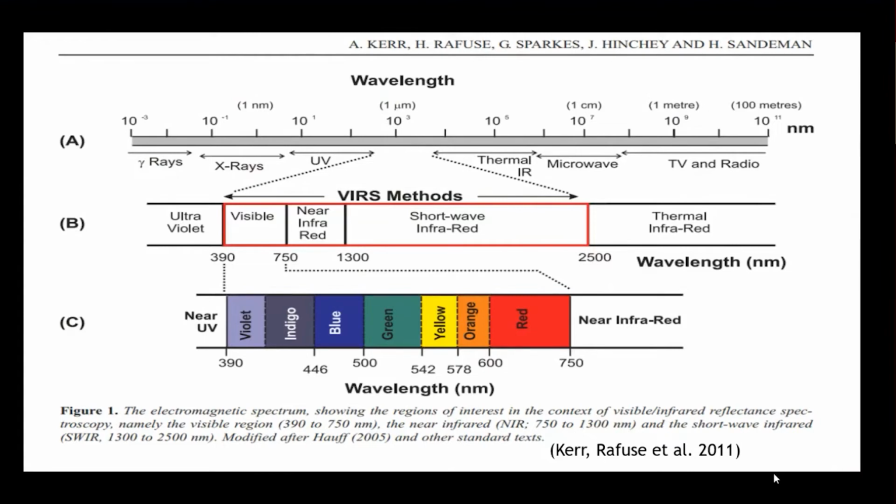Depending on your application, you may use spectral features of minerals that are present in other regions other than the shortwave. When focusing on white micas in particular, we will focus on the shortwave regions only. So you will hear this referred to as SWIR throughout this webinar.